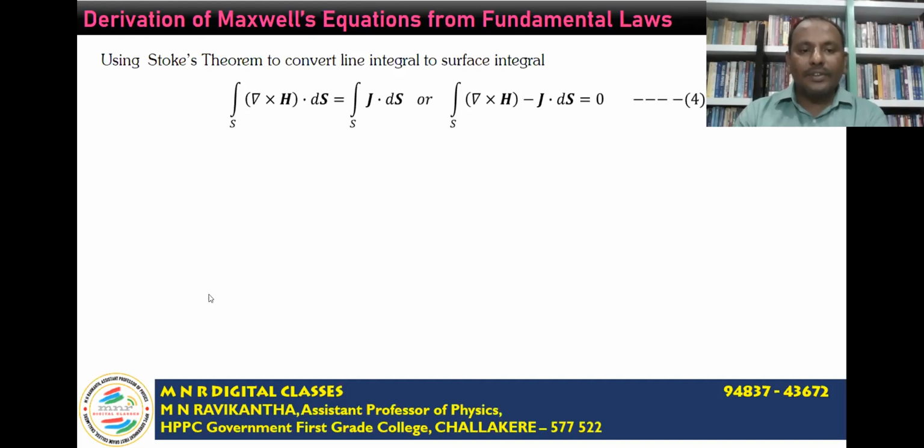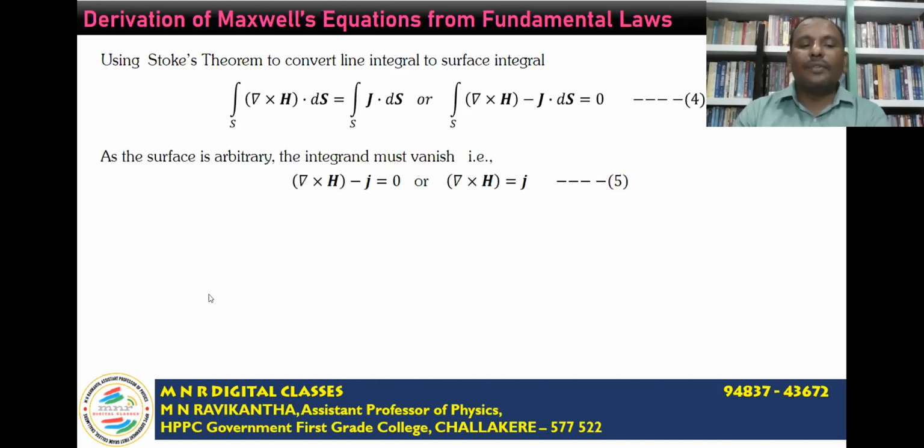Just rearranging the terms, taking ds common, we get (del cross H minus J) dot ds is equal to 0. As the surface is arbitrary, the integrand must vanish. It implies del cross H minus J is equal to 0, or del cross H is equal to J. Call this equation 5.